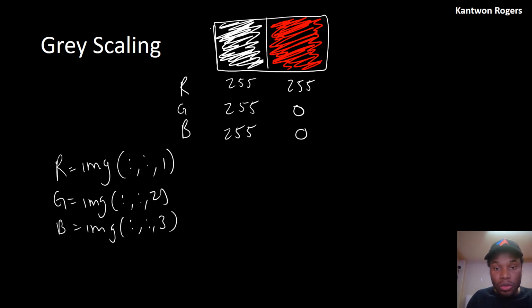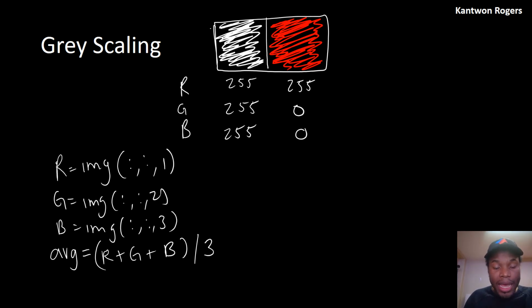Okay, and so now if I want to create this average value, I can just add up the red, green, and blue and divide by 3. So let's say my average is my red plus my green plus my blue divided by 3. Awesome. And so now this is just one layer, right?